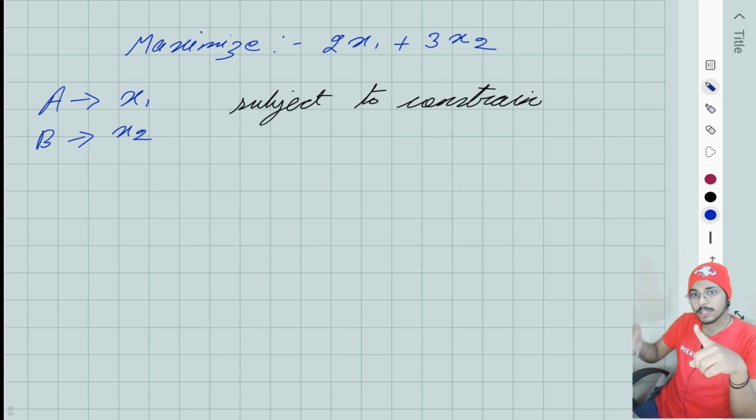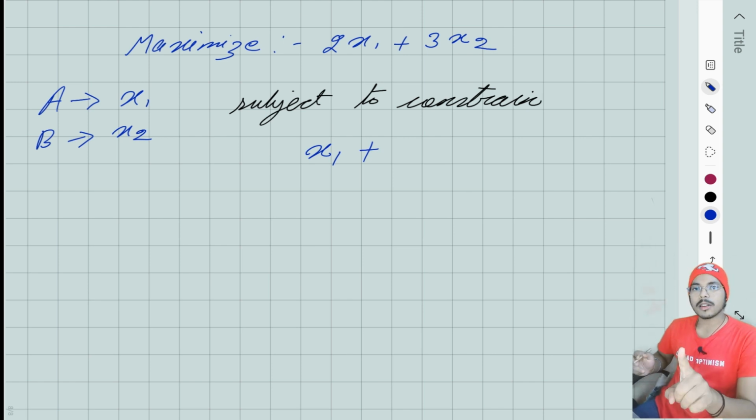So for X1 products of A, M1 will take 1 into X1 minutes. So write here X1, and if there are x2 number of products, for one product of B, M1 is giving 1 minute, then for x2 number of products, M1 will give 1 into x2.